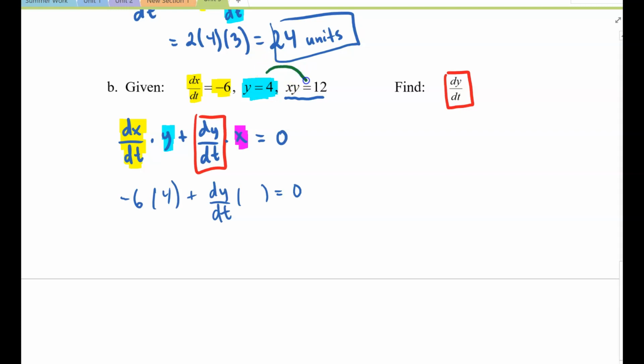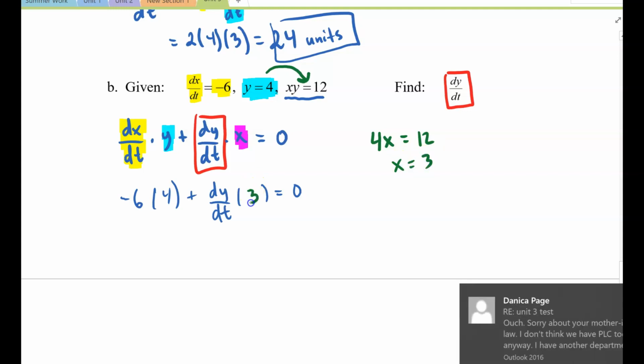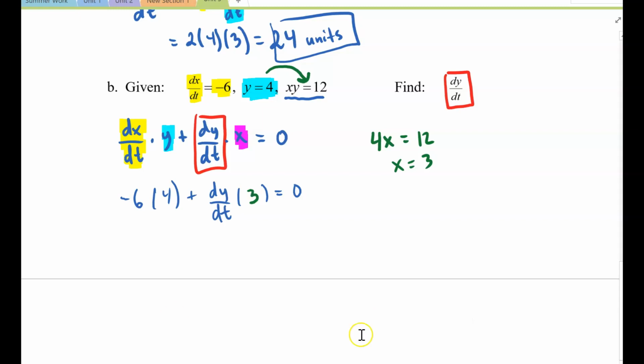I know that y is equal to 4. So if y is equal to 4, can't I find x from xy equals 12? I can. So I'm going to have 4x is equal to 12, which means that x is equal to 3. So I'm just going to plug in 3 here, and then I'm going to solve for dy/dt.